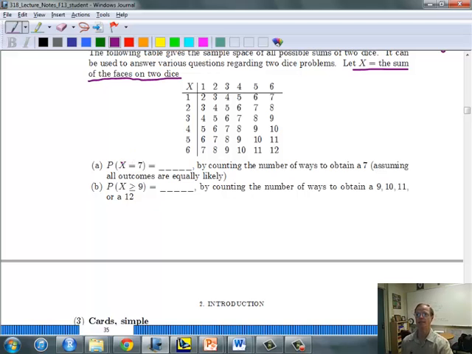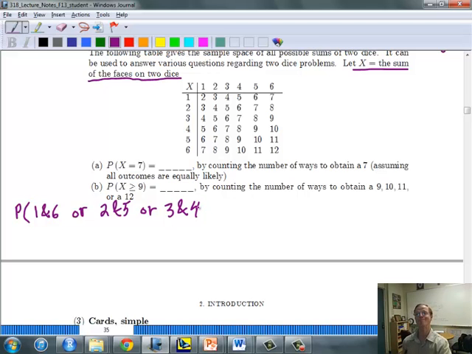Well, let's see. How many ways could it equal 7? Let's write them out here. I could have a 1 and a 6, or we could get the 2 and a 5, or we could also get the 3 and 4.